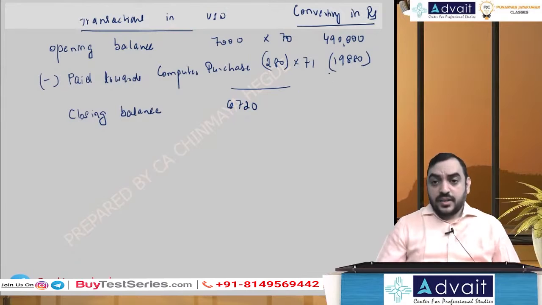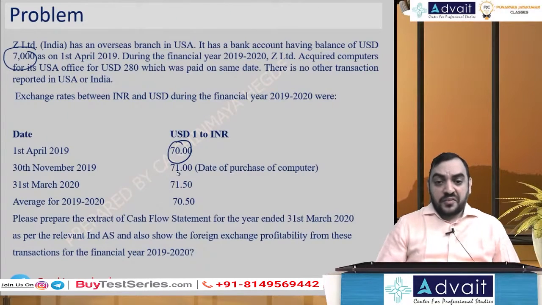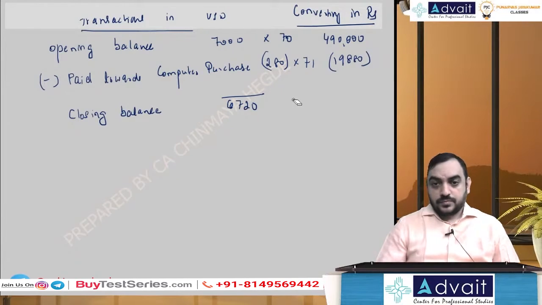What is the closing balance? I mean, this amount when you find out, closing balance 71.5. 6720 into 71.5, 4,80,000, 480.